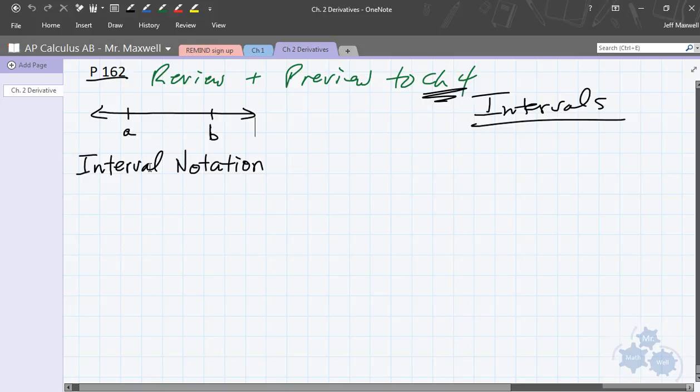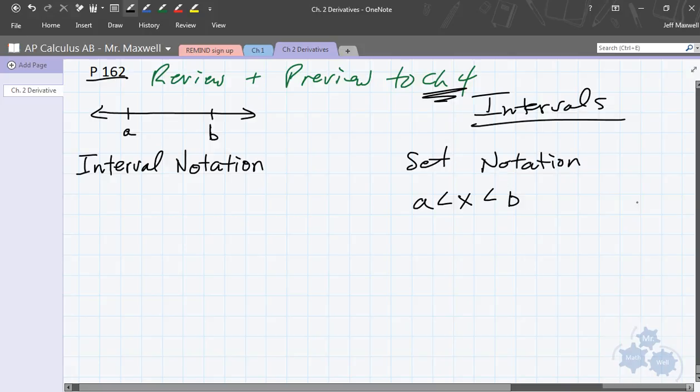In describing sections of the domain of a function, one of the ways we can do that is by using interval notation. Set builder notation is something that you have been accustomed to. For example, if you want to say all the x values between a and b, you would write it like this.